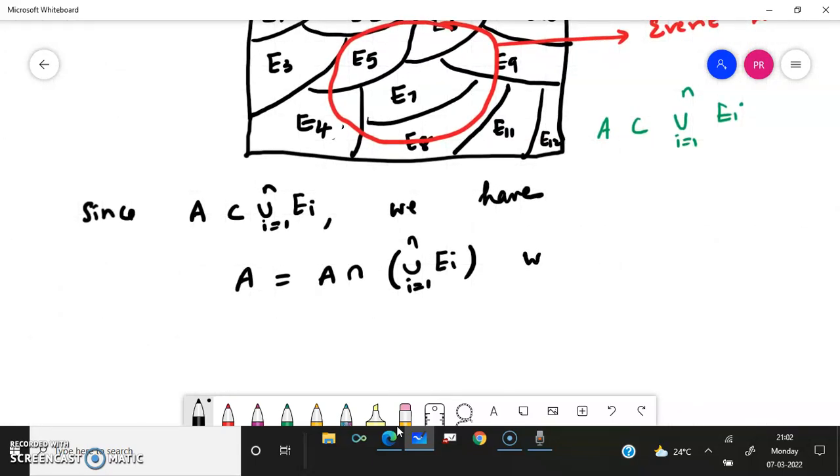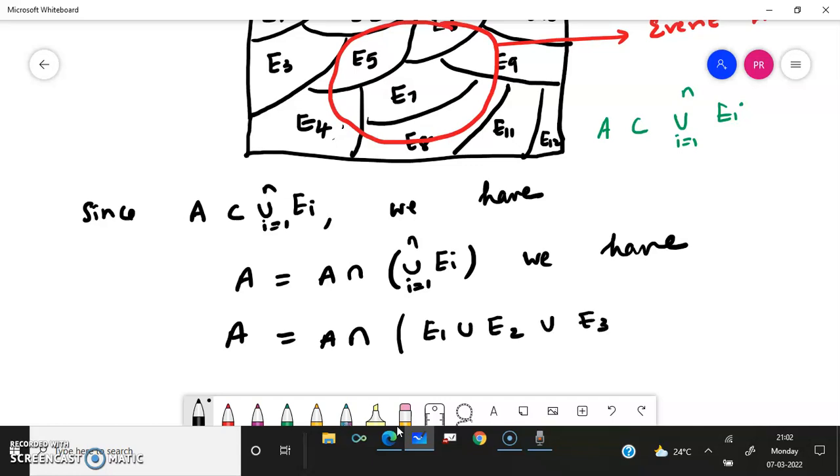Therefore, A can be written as A intersection union. What is the union? E1 union E2 union E3 union and so on union En. That is the union of all these sets.